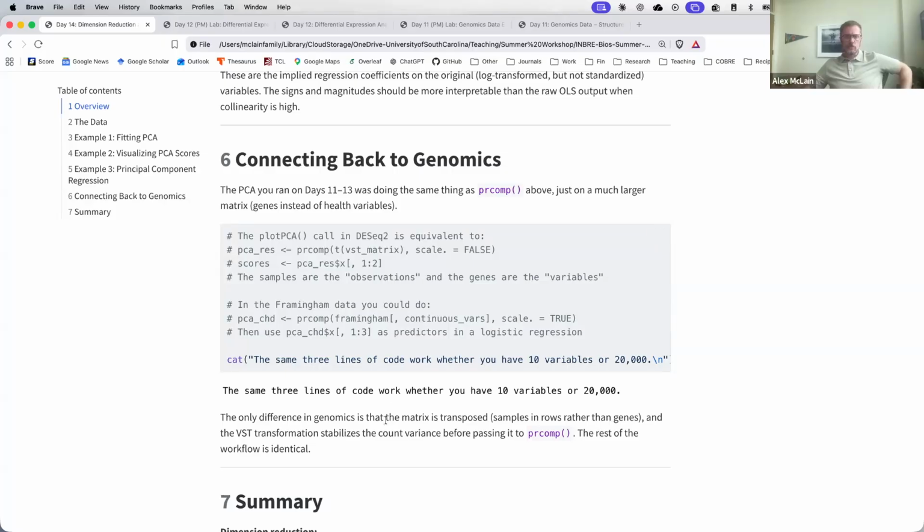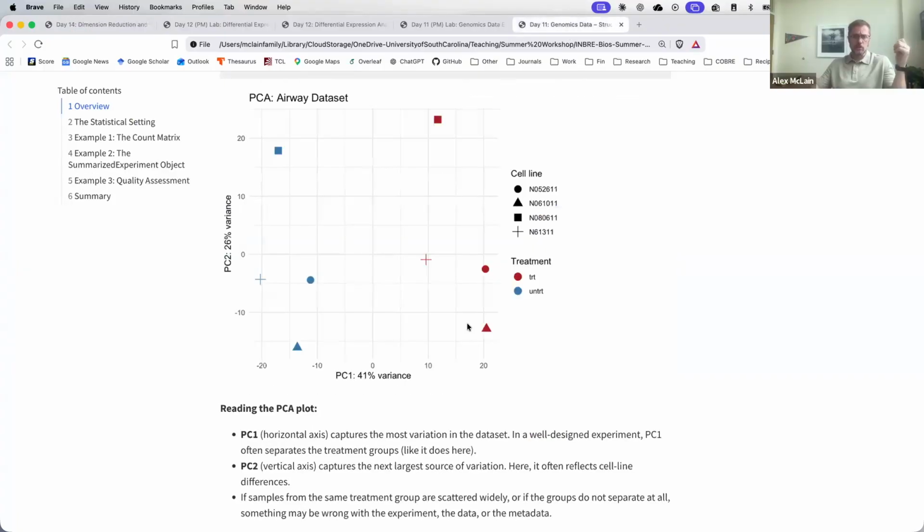For the genomics data, we only had 8 subjects, but we could look at the first 3 principal component scores and see which one of those was related to treatment, for example. I think it'd be very clear that principal component 1 would be highly related to the treatment variable that we have.